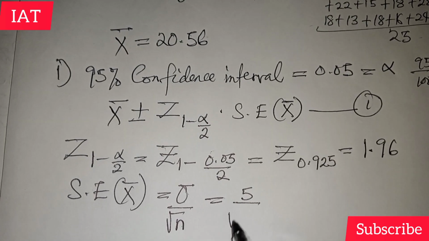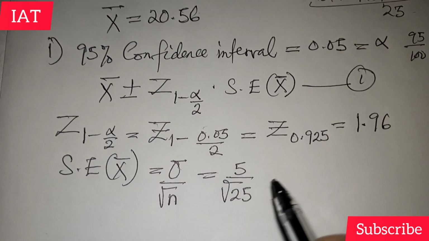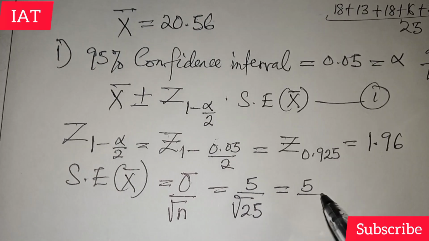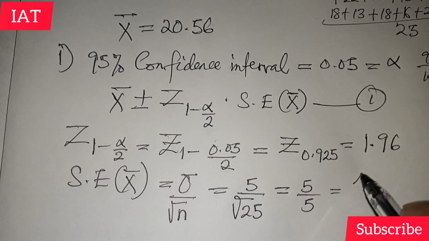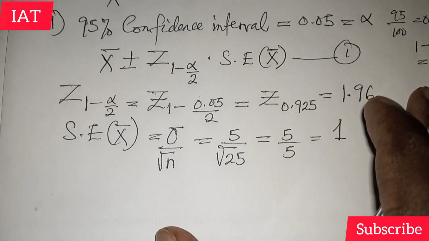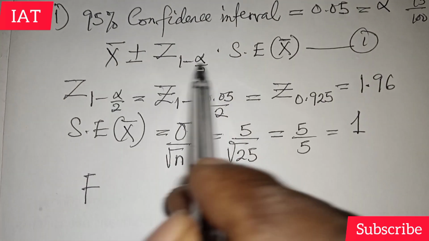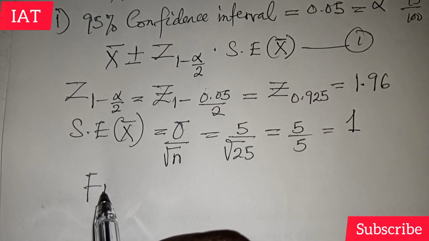The square root of 25 is of course 5. So we have 5 divided by 5, and the result is 1.